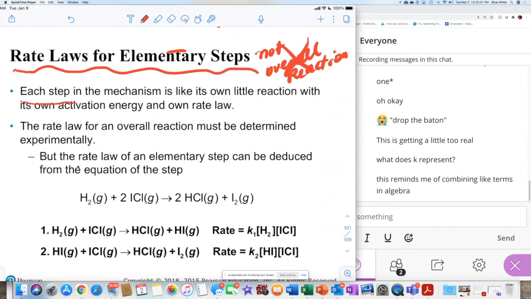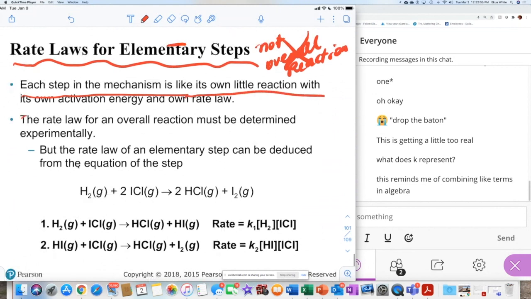So we're told each step in the mechanism is like its own little reaction with its own activation energy and its own rate law. So the rate law for the overall reaction must be determined experimentally. So we're going back to stating this. We weren't lying there. For the overall reaction, you must determine the rate experimentally. But for the elementary step, you can write the rate law based on what you have in the reactants.